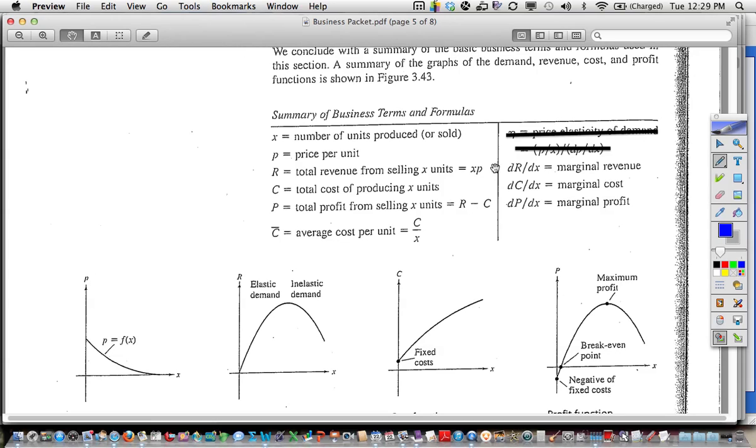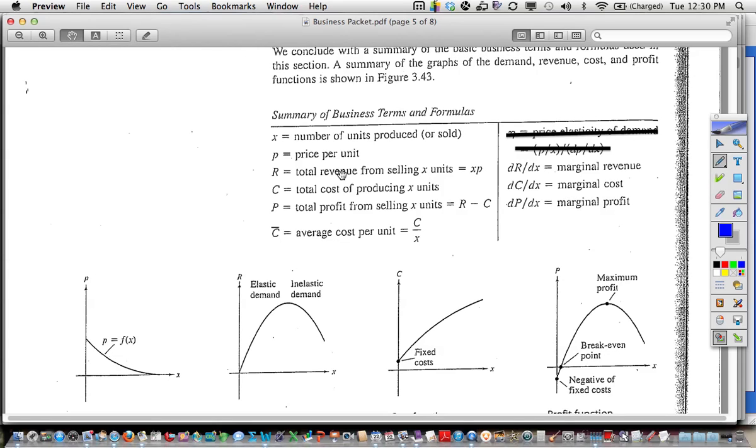This one, I'm not sure I would memorize this x times p thing. I think you should memorize the fact that revenue comes from selling so many units at a certain cost per unit. So p they call the price function, or in the problems, Steve, to answer your question, the demand function that they call, sometimes the price function is called the demand function because the price of a product is often dependent on the demand.